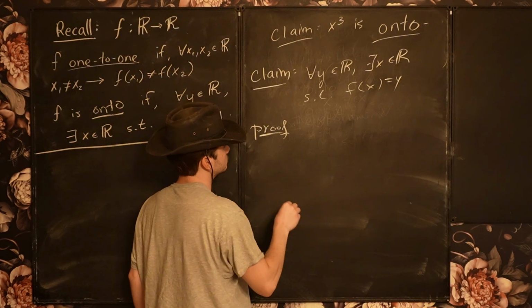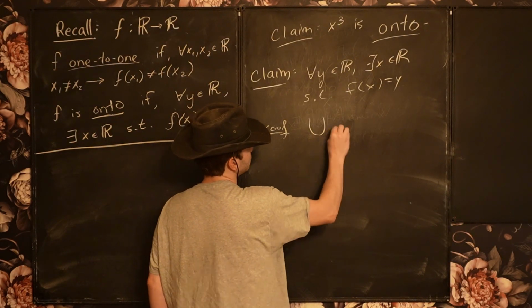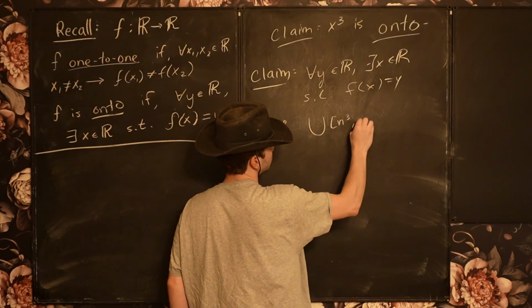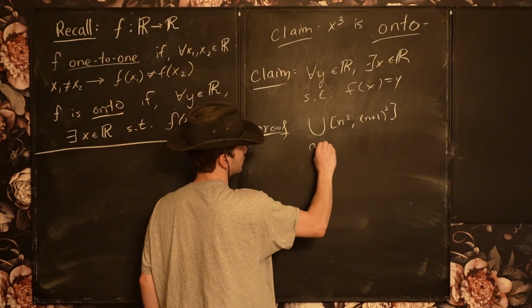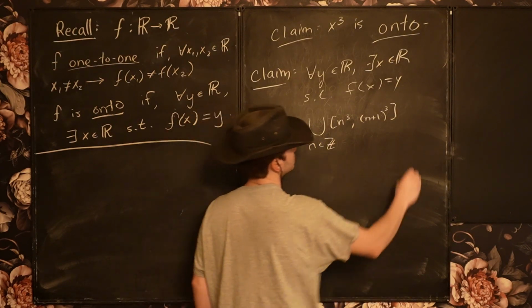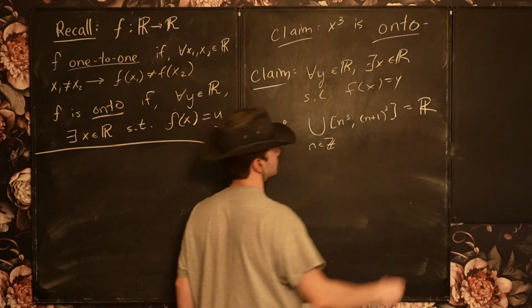We know that the union of the intervals n cubed to n plus 1 cubed over n within Z is equal to the whole real line.